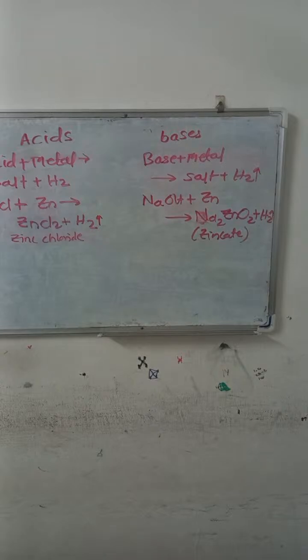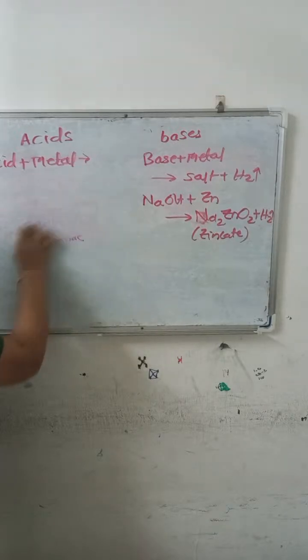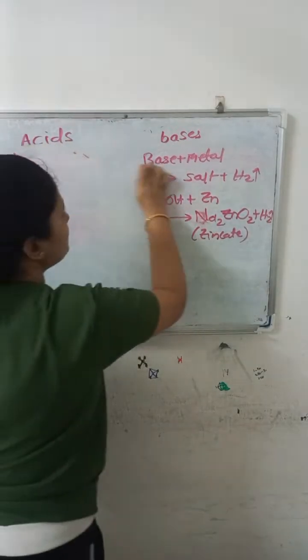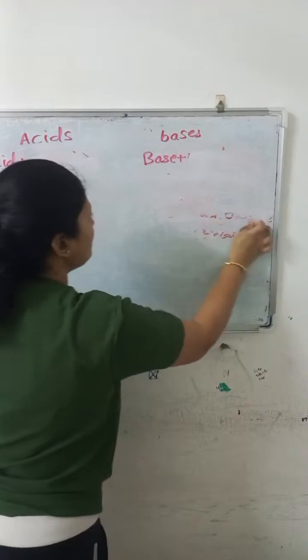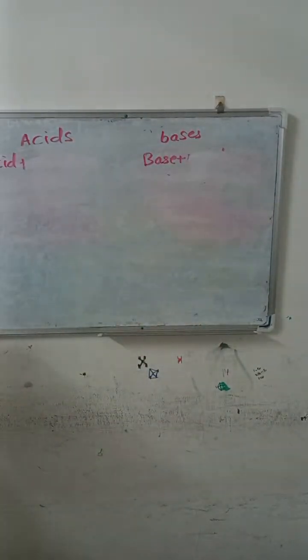Now next, acids and bases react with the carbonates or hydrogen carbonates, or metal carbonates. First, the reaction with the metal carbonate.